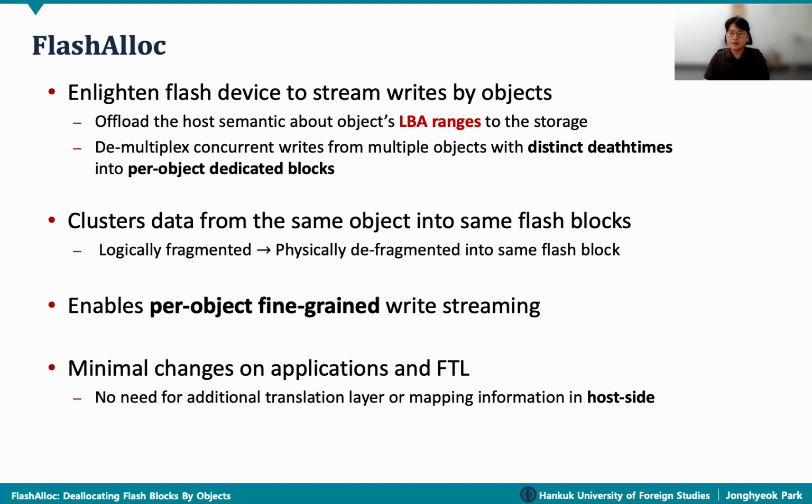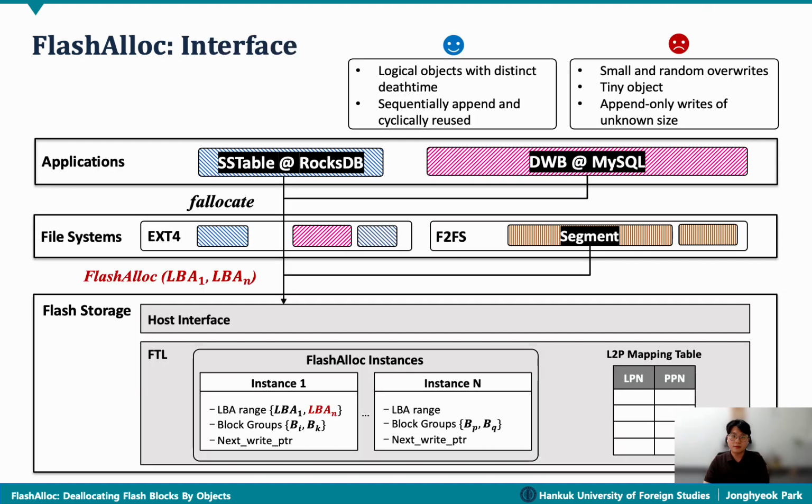FlashAlloc requires minimal changes to the application and FTL, and there is no need for an additional translation layer or mapping information on the host side. FlashAlloc is best suited for applications that manage logical objects with distinct death times, or those that are sequentially appended and cyclically reused.